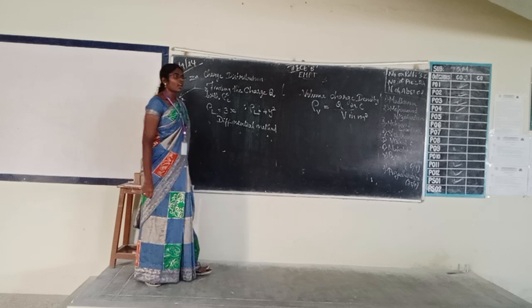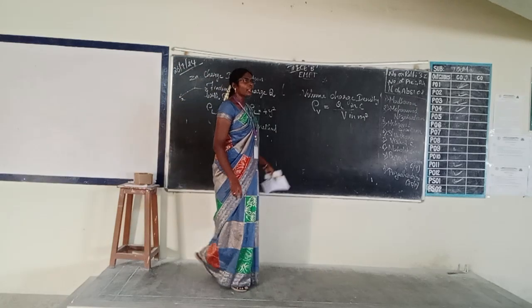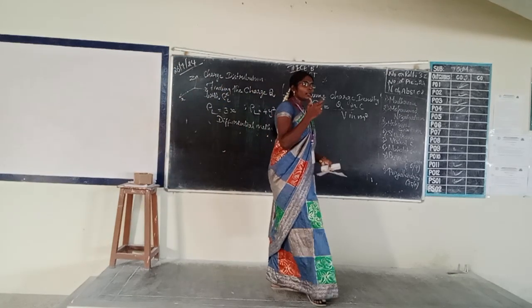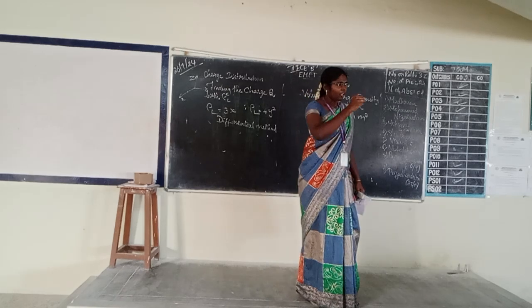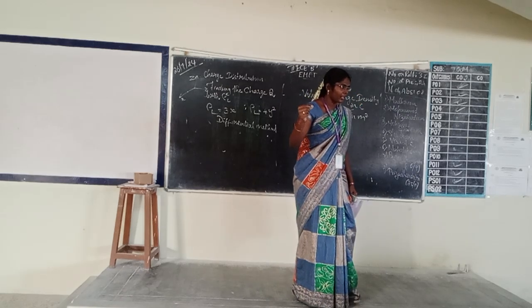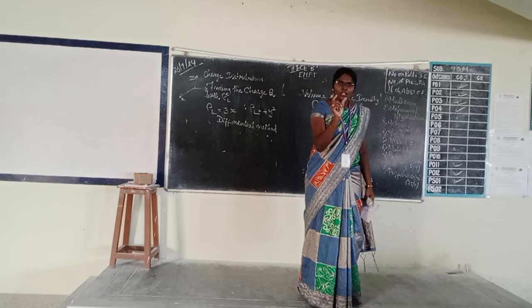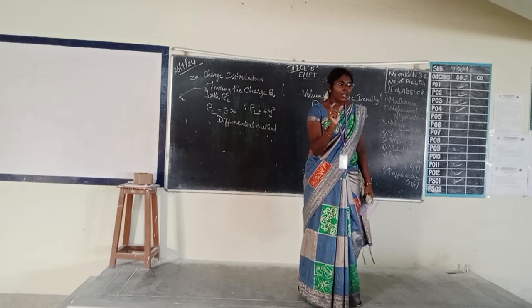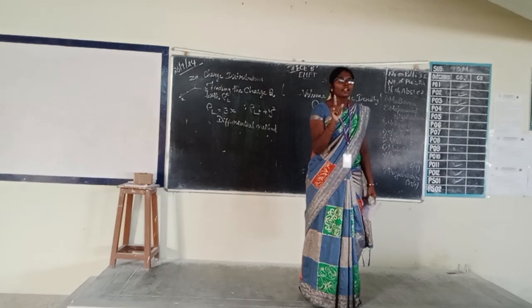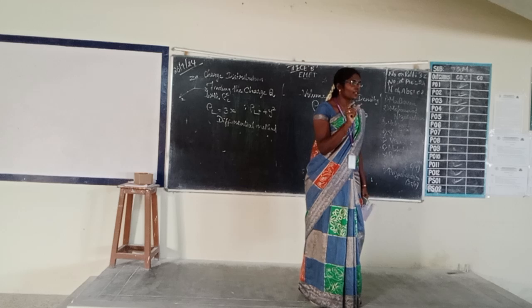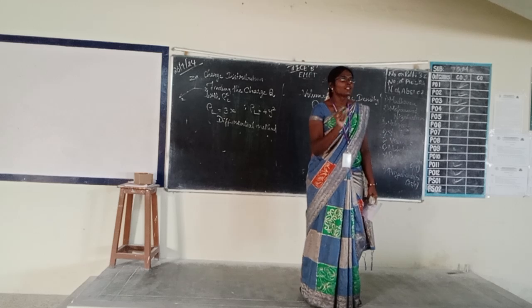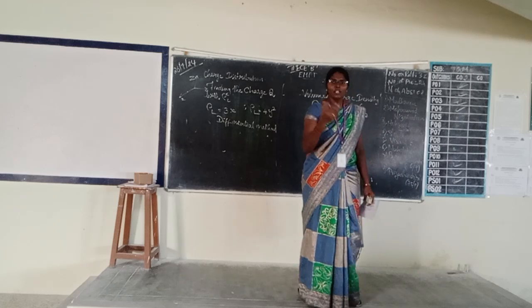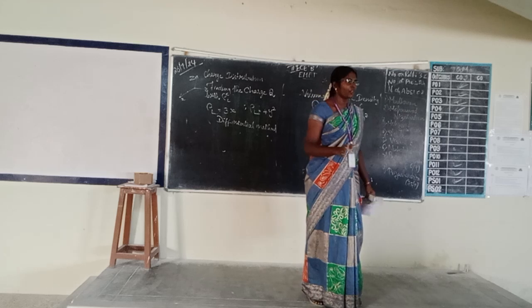For a line charge, in physics we have studied a long straight wire, and we consider a small length. That small length we take as dl, the differential length, a length we take for observation.